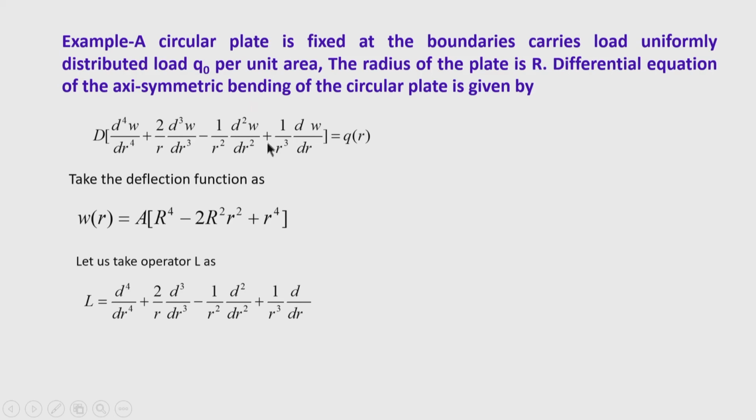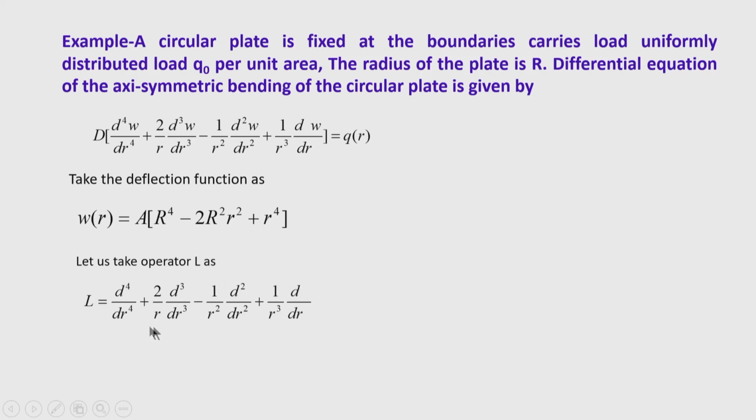This expression is found from the differential equation of the circular plate, where you can isolate this operator. The differential operator L is d⁴/dr⁴ + (2/r) d³/dr³ − (1/r²) d²/dr² + (1/r³) d/dr.